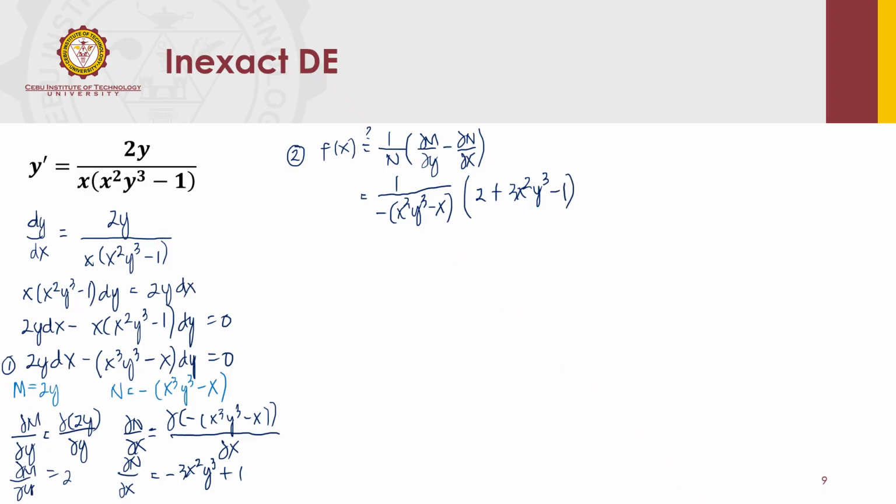If we factor out the GCF, it's x for the denominator, so that's x times (x squared y cubed minus 1). Here there's no common factor, so just combine 2 and minus 1. So that's 1 plus 3x squared y cubed.